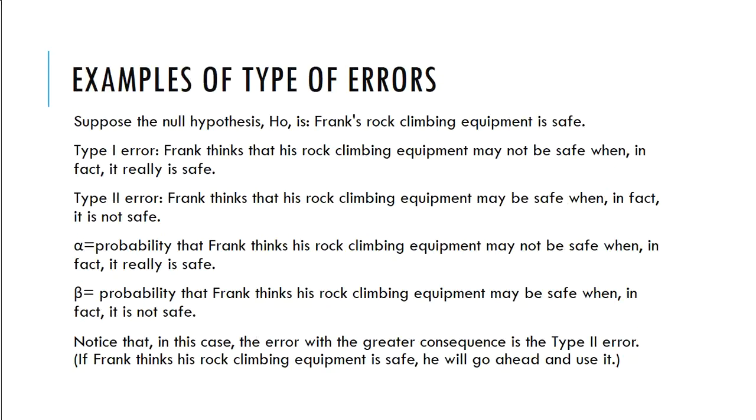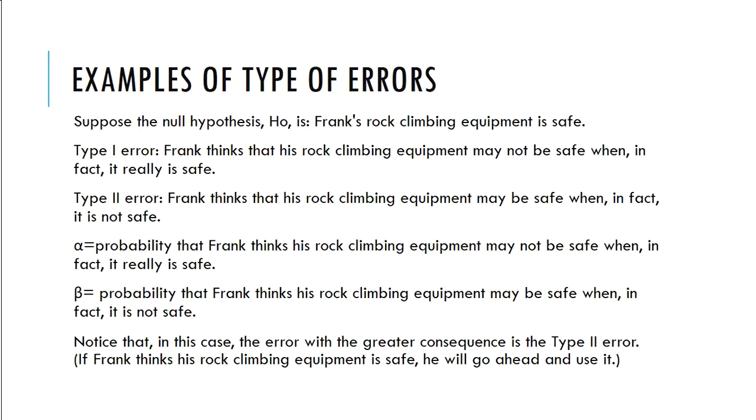So here's an example. Suppose the null hypothesis is Frank's rock climbing equipment is safe. The type 1 error is Frank thinks his rock climbing equipment may not be safe when in fact it really is. The type 2 error is when Frank thinks his rock climbing equipment is safe when in fact it's not safe.